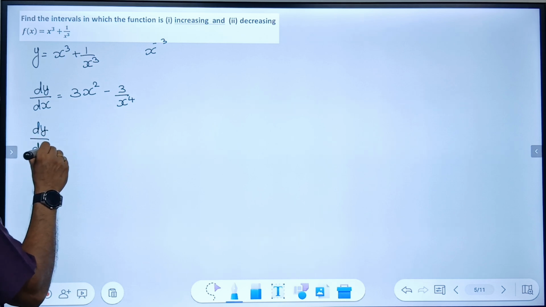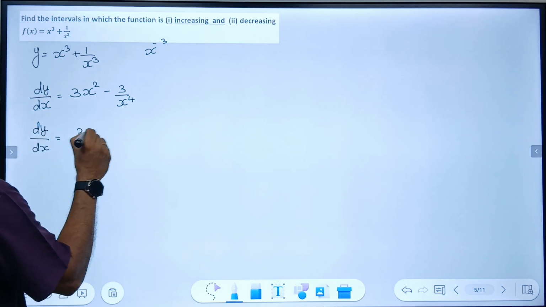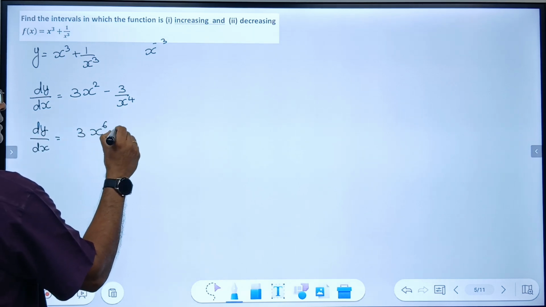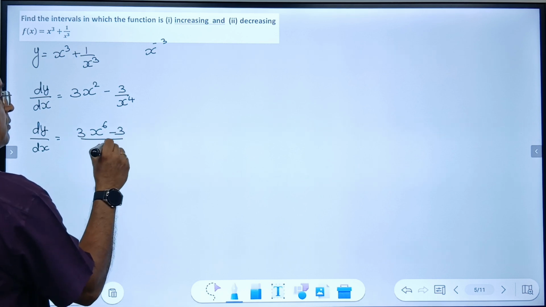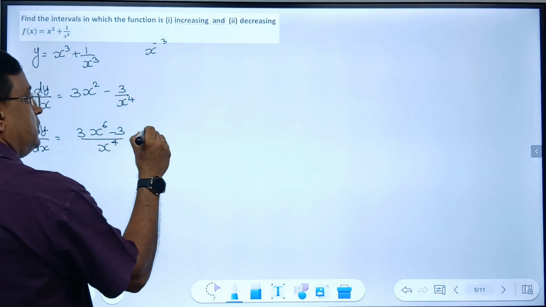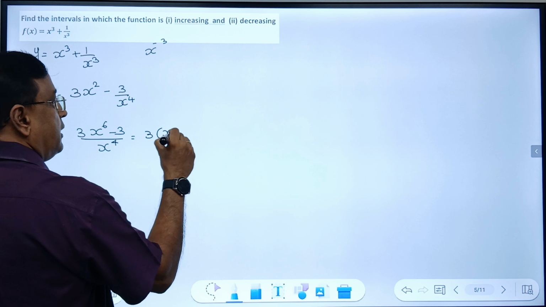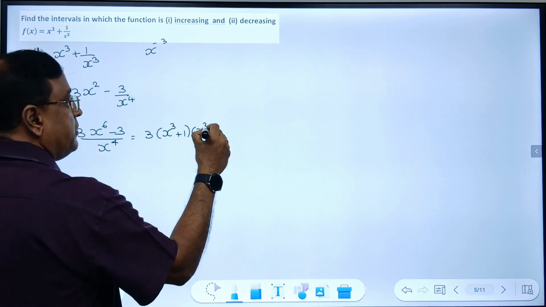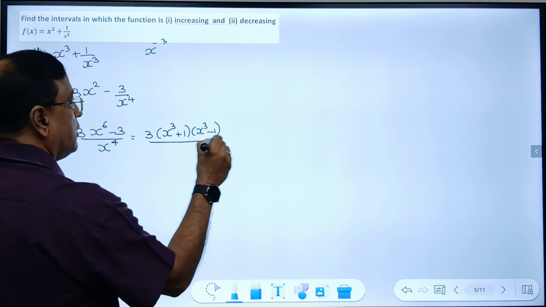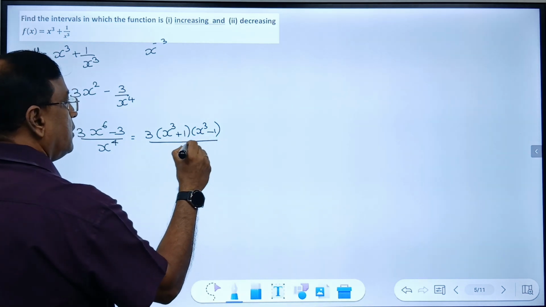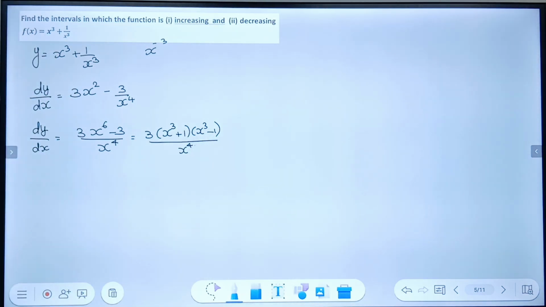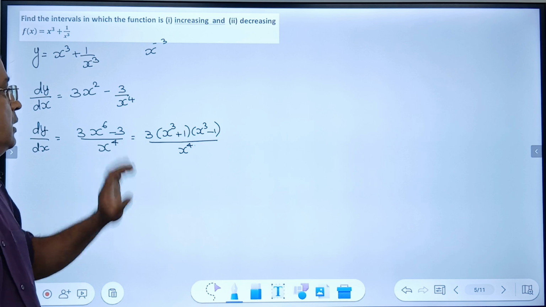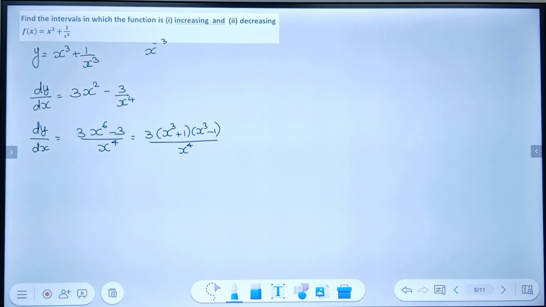So dy by dx will be 3 times x power 6 minus 1 by x power 4. So this will be 3 times, can I say this is x cube plus 1 into x cube minus 1? I took 3 outside, x cube plus 1 and x cube minus 1.